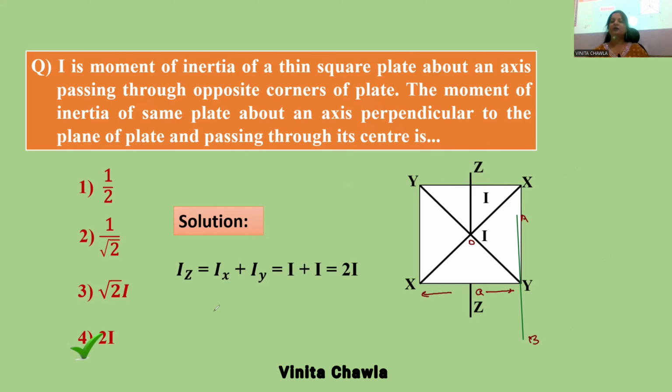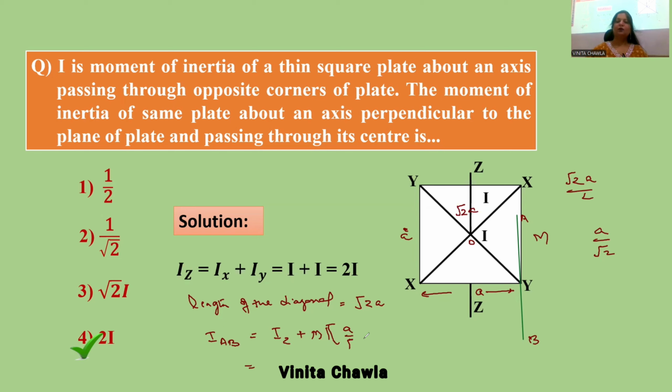We can find the length of the diagonal first. It is root 2 a, so half of it is a by root 2. Now we can find the moment of inertia about AB as equal to the moment of inertia about the z-axis plus mass times a by root 2 whole squared. So Iz is 2I, plus m a square by 2 is the answer.